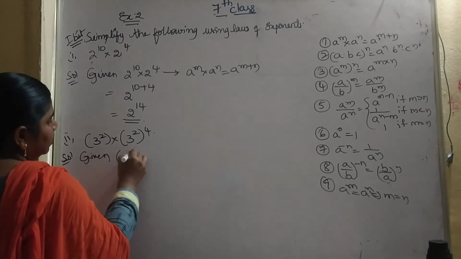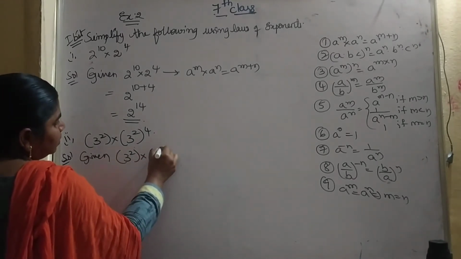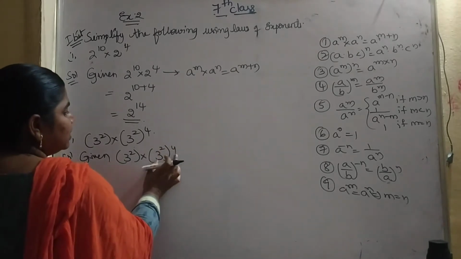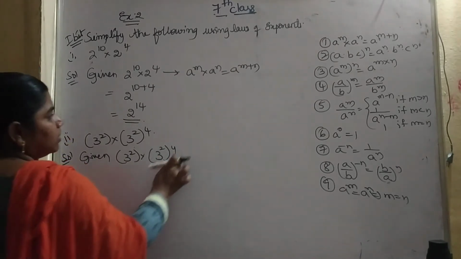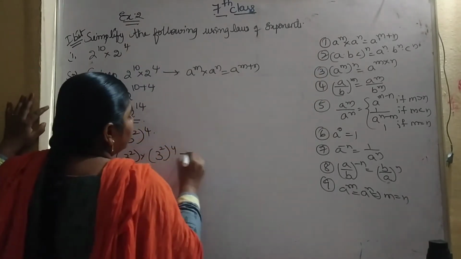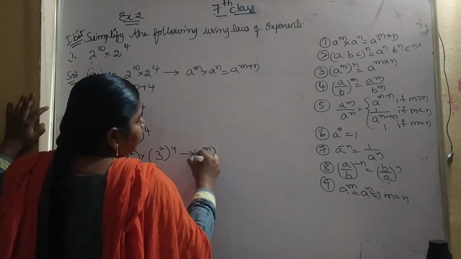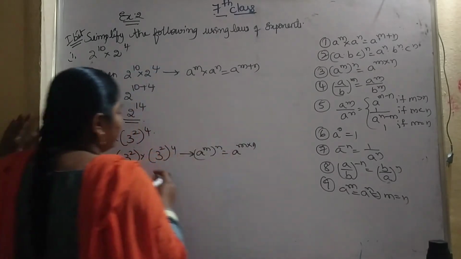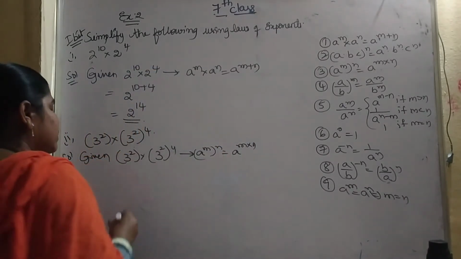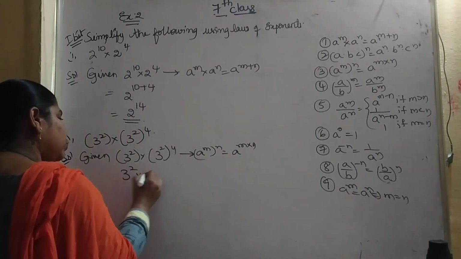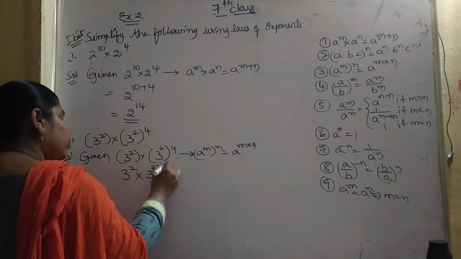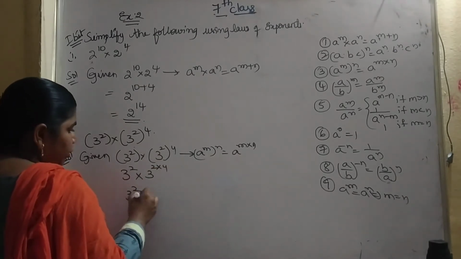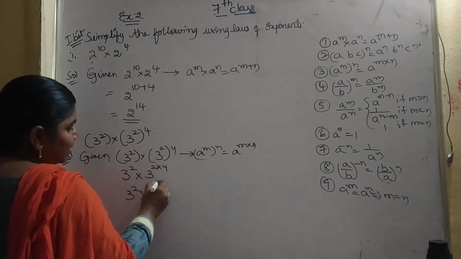Given 3 square into 3 square whole power 4, this term is in the form of the third law. What is that? A power m whole power n can be written as a power m into n. So we have to multiply these two powers first. That is 3 square into 3 power 2 into 4. 2 fours are 8.